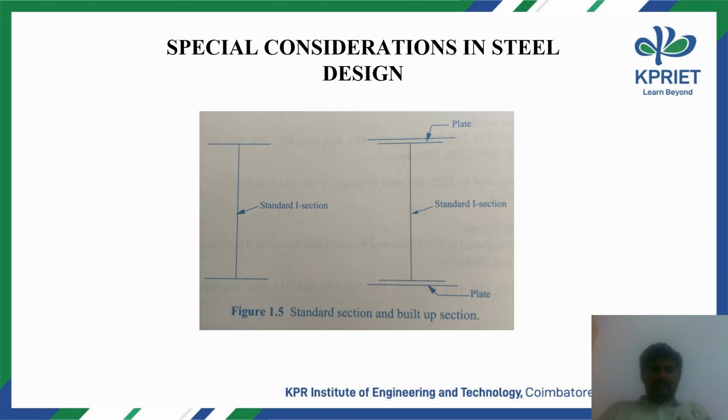Look at the figure: the first one is a standard I section, another name of I section is beam section. Additionally, we are adding two plates on both sides, top and bottom. The name of the section is built up section. So the conventional existing I section with two additional plates is a built up section.